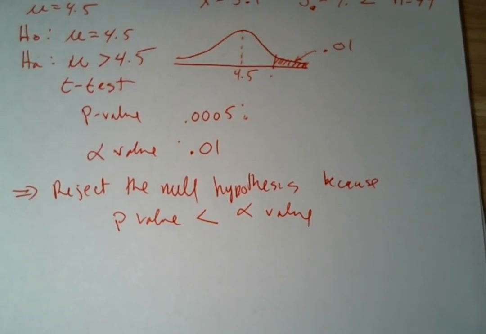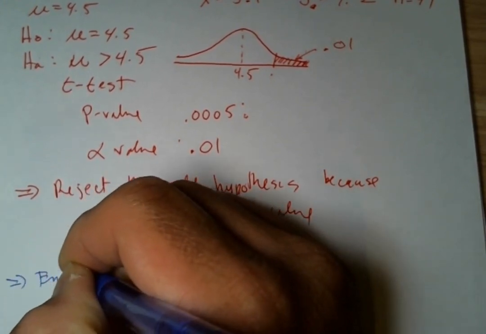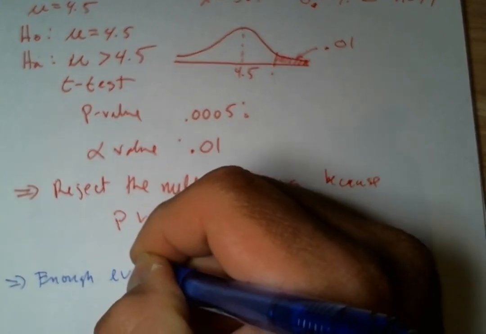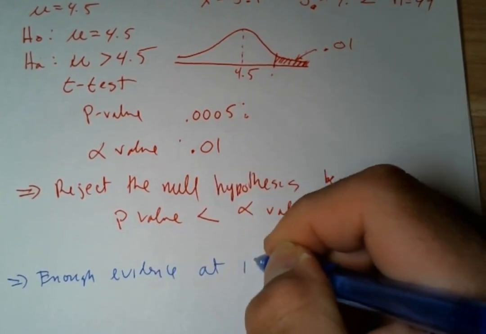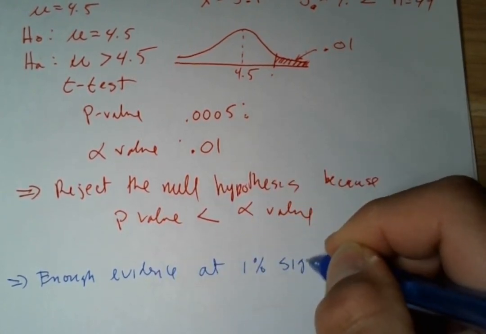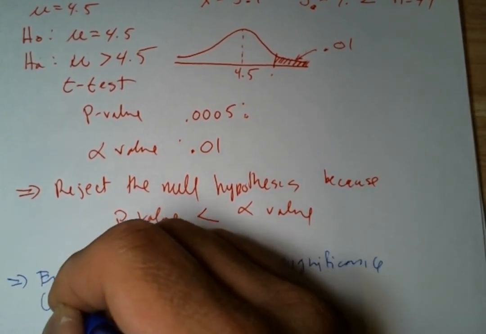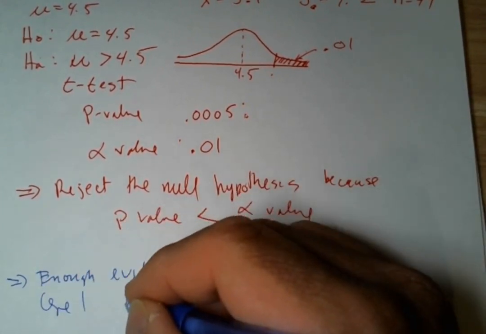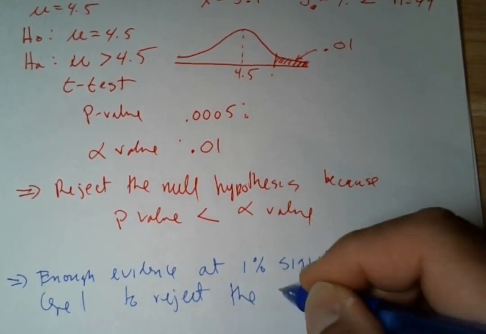Our summary here is that there is enough evidence for us at the 1% significance level to reject the null hypothesis.